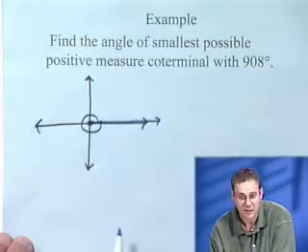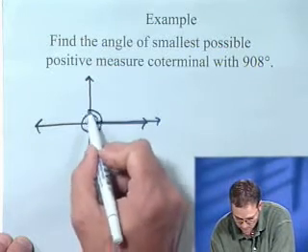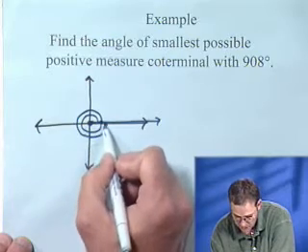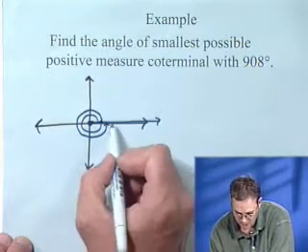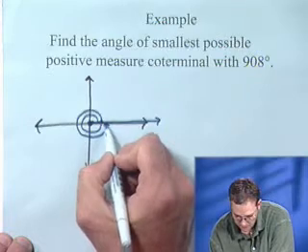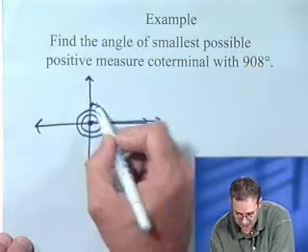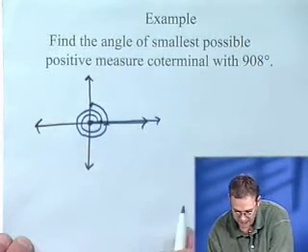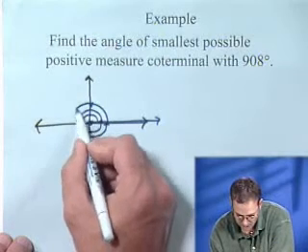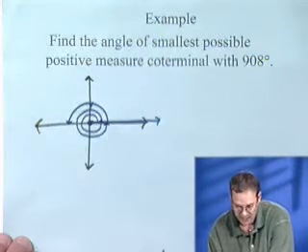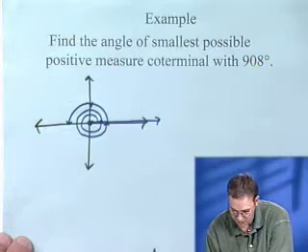So we might have to go around this thing a couple times. There's 360 degrees. There's another 360 degrees, so there's 720. Okay, it's twice around. Another 90, that makes what? 810. Another 90 is 900, so there's a 900 degree rotation.